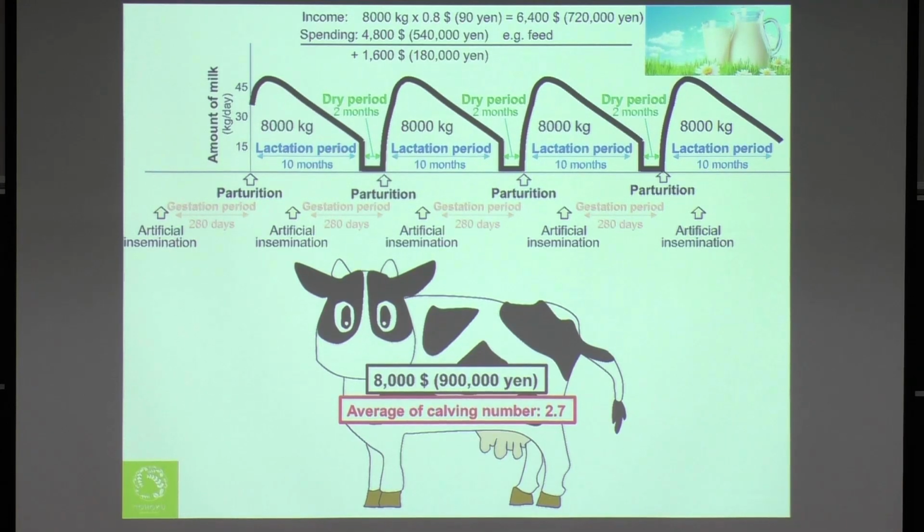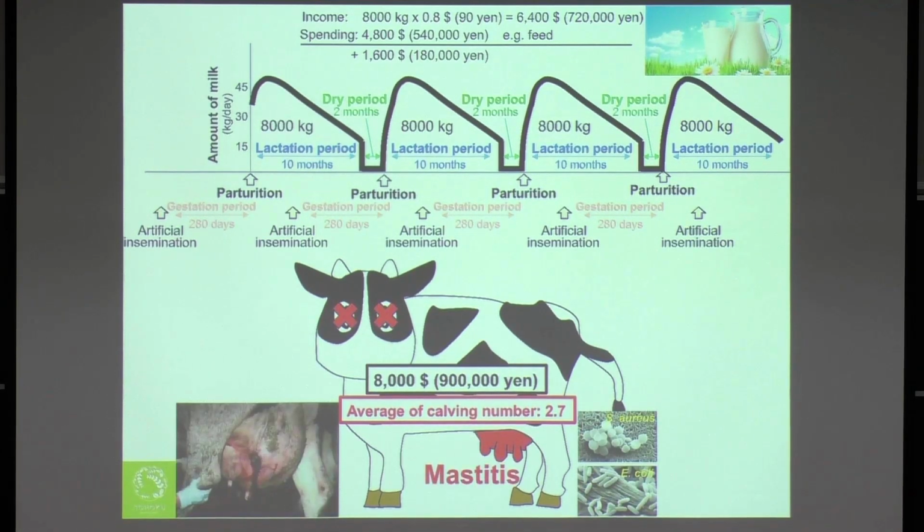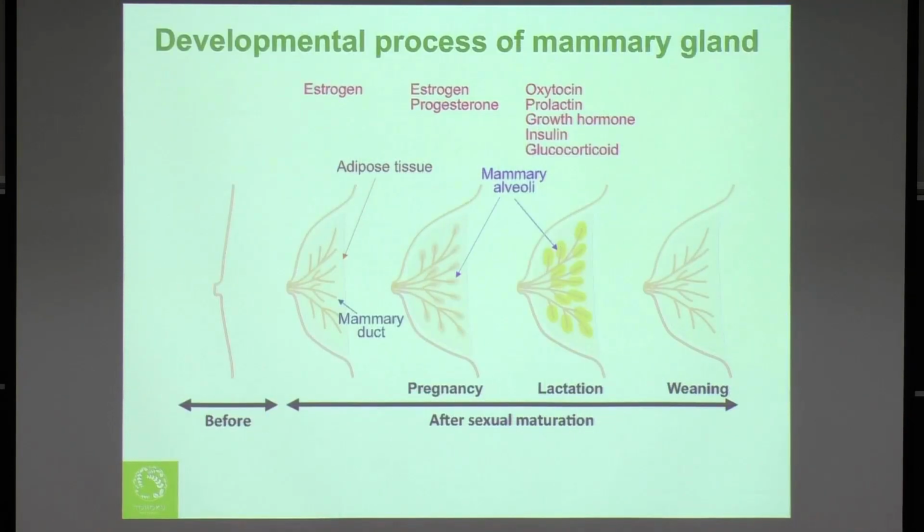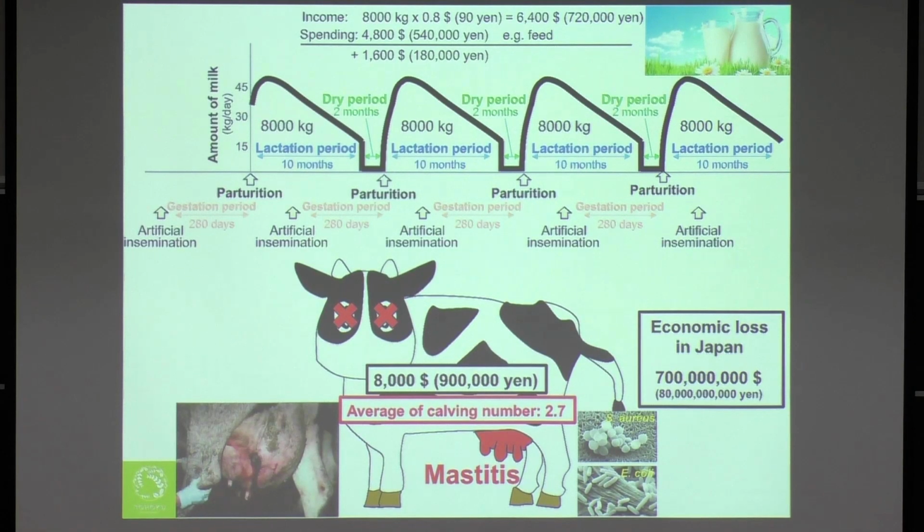It is about 2.7 because of infectious diseases occurring in the mammary gland. That is mastitis, caused by infection with, for example, Staphylococcus aureus or E. coli. And the economic loss from mastitis is huge in Japan, and in the world, about 7 billion in Japan. That's why it's very important to control mastitis.